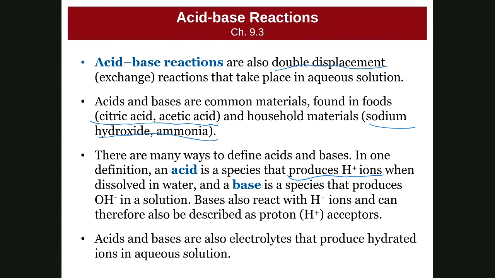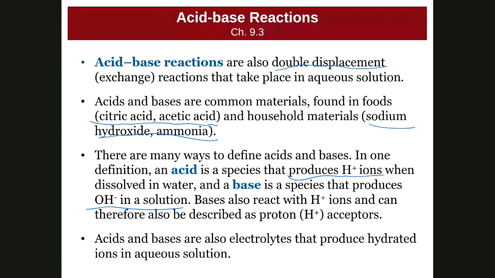So a hydrogen ion is just a proton. When an acid is dissolved in water, it produces hydrogen ions. When a base is dissolved in water, it produces hydroxide ions in the solution. So that is one definition.